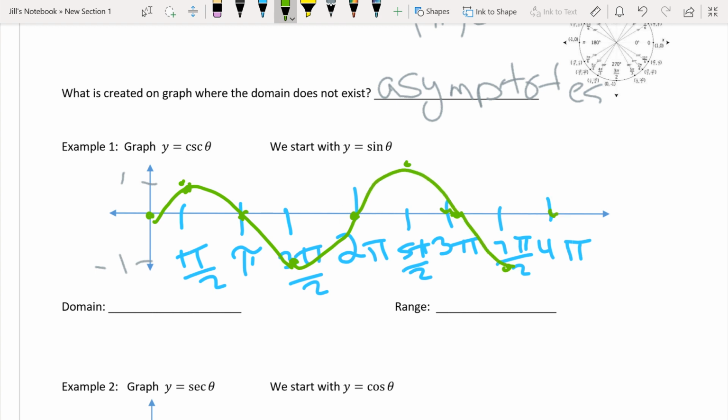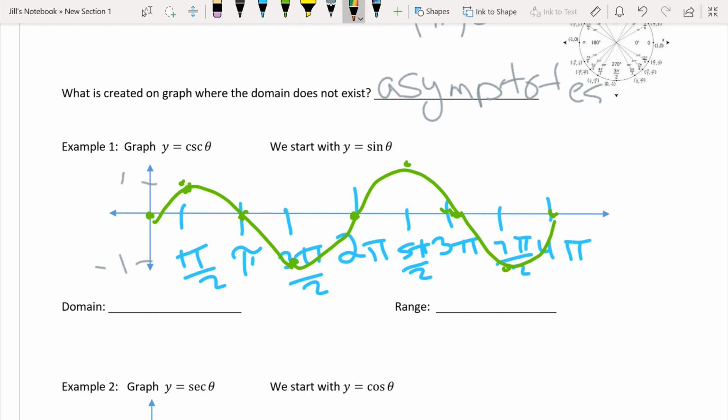Okay, so that's what the sine wave looks like. So now if we want to graph the cosecant function, you have to remember that every time the sine is 0, the cosecant doesn't exist. So wherever the sine function hits the sinusoidal axis, you have an asymptote.